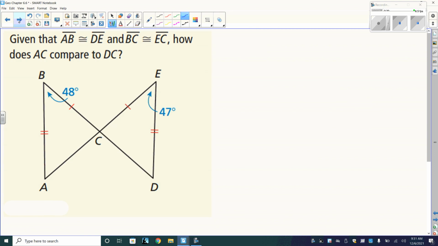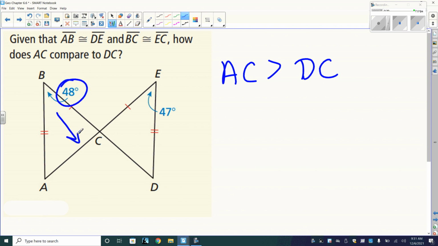So we do have two sets of congruent sides, and we want to see how AC compares to DC. Because 48 is bigger than 47, AC is going to be bigger. Questions on this here?